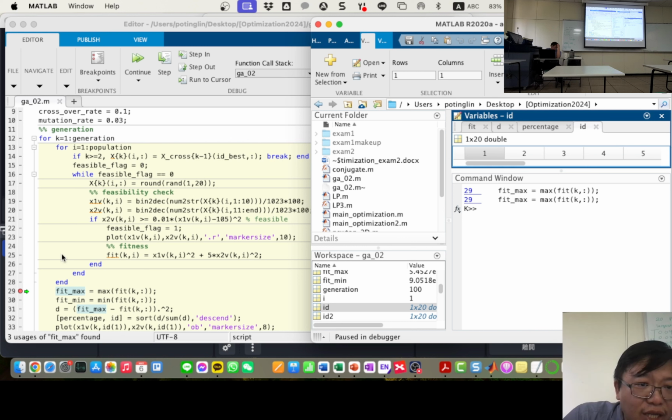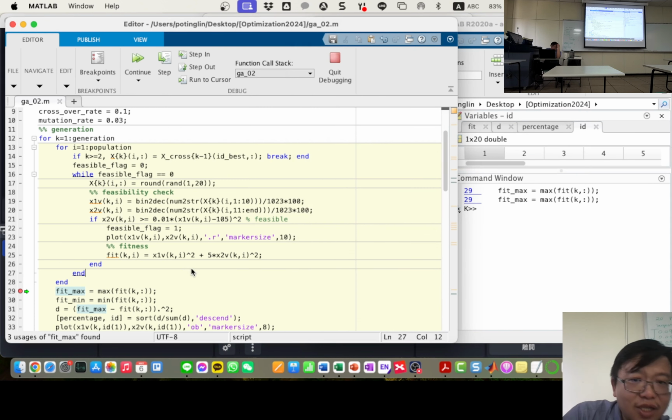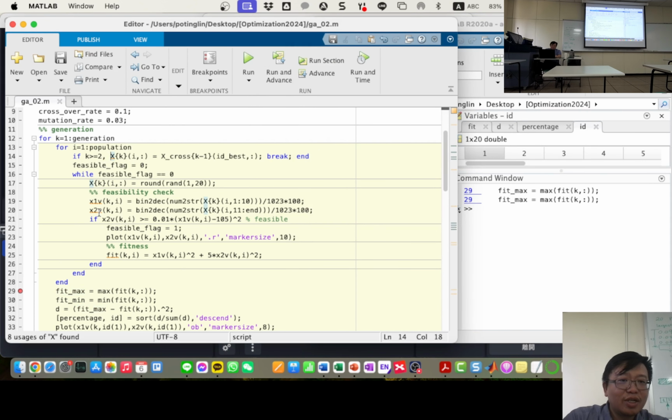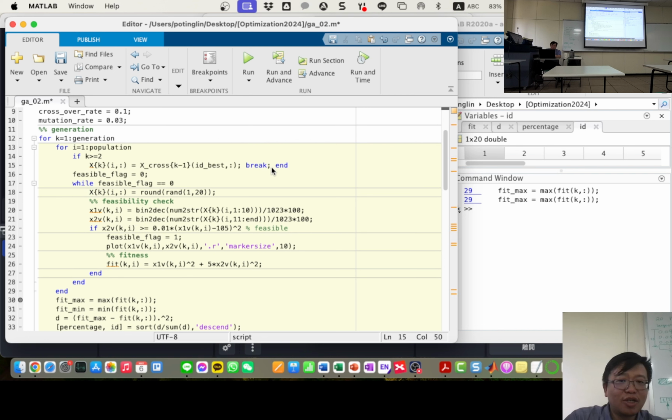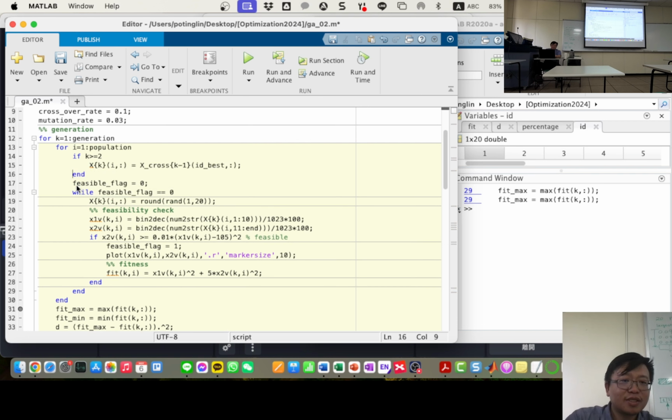I think when I break, I didn't perform all these. I cannot say break. Because if I break, the for loop disappeared. So I should do this. If I do this, only the first one.